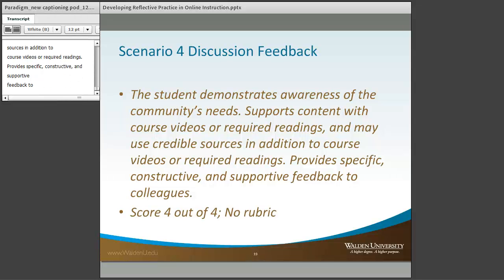Score is 4 out of 4. What is your response? What is your feeling with regard to whether or not this feedback meets the characteristics for effective online interaction?